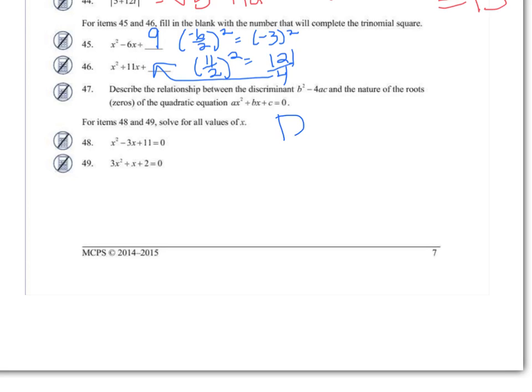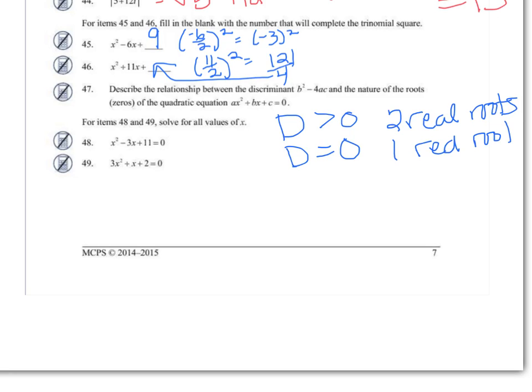So I'm going to use D for short to abbreviate discriminant. If the discriminant is greater than 0, that means there's 2 real solutions, or 2 real roots, 2 real x-intercepts. If the discriminant equals 0, there is 1 real root. And if the discriminant is less than 0, meaning it's negative, there's 2 imaginary roots, and none are real.